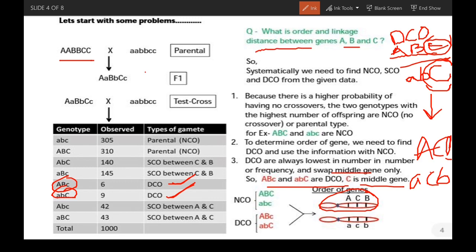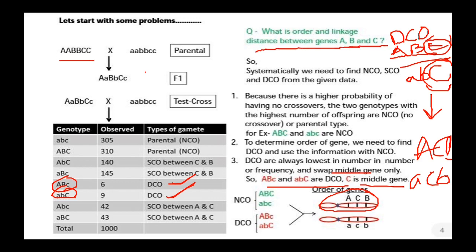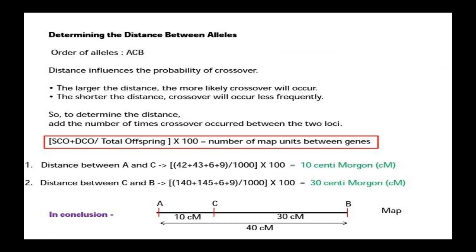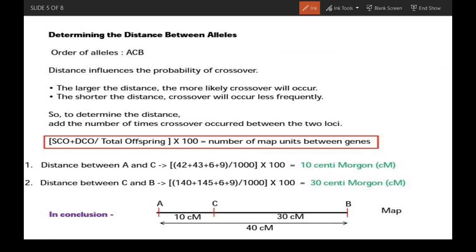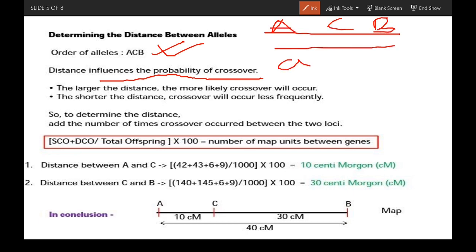Now we have to find out the distance between the A, B and C genes. Let's see how we will do that. The order we have found out is A, C, B. Now the distance influences the probability of crossover. We already know that if there is a large number of crossovers between two genes, that means they are far away, right?